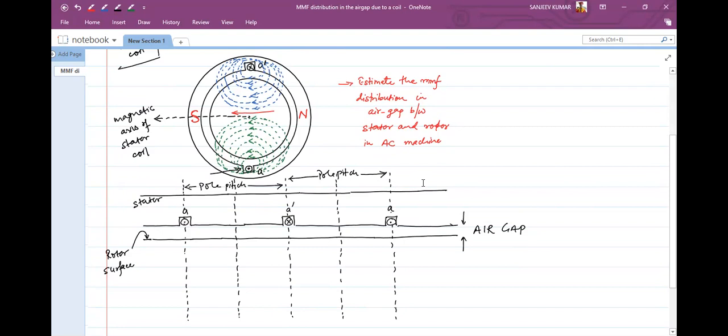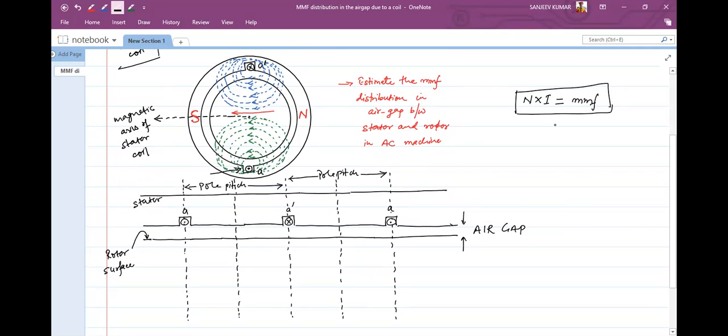Now we know that the MMF created in this air gap is due to the number of turns multiplied by the current flowing in them. MMF is nothing but the product of the number of conductors and the current value.